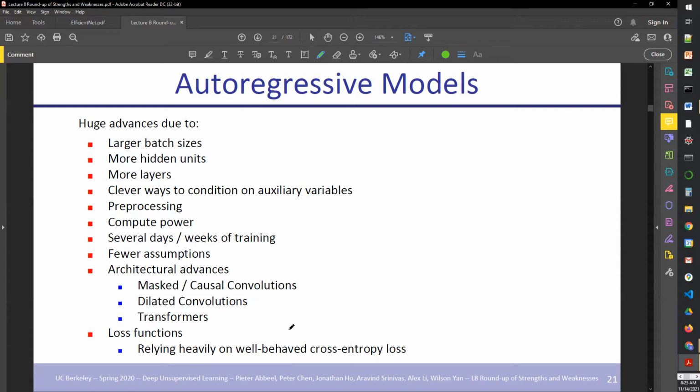So all these different contributing factors have helped us get to the results that we see in autoregressive models.